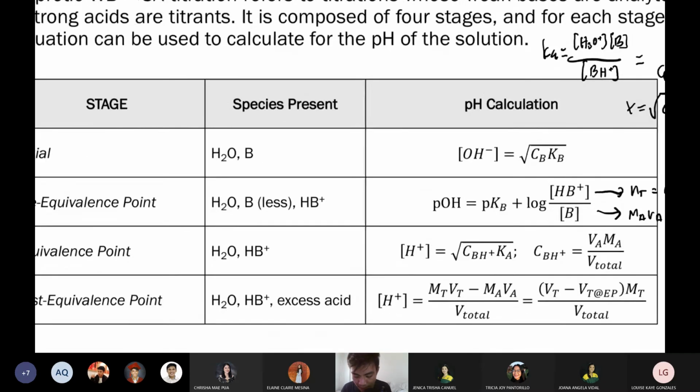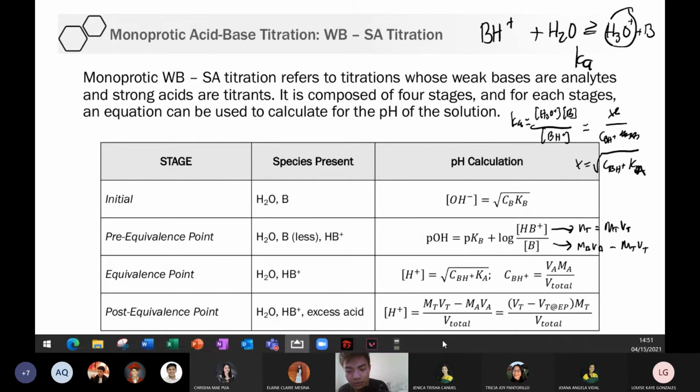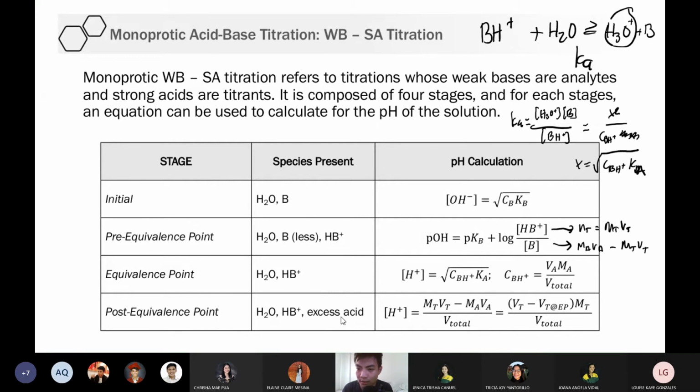And lastly, we have the post-equivalence point. This is a point wherein there is an excess acid na, the presence of the conjugate acid and the water. Of the three species, ang mas malakas ay excess yung acid na. So ibig sabihin, the pH of the solution is solely dependent on how much excess acid you have.